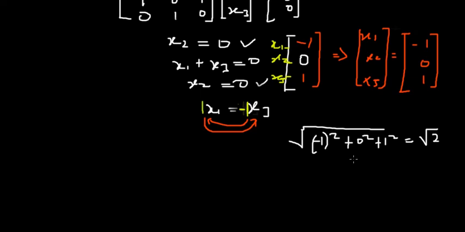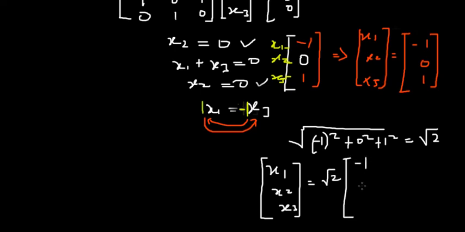So now your final vector will be x1, x2, x3, and then you have our main vector multiplied by 1 over the root of 2, so we have -1, 0, and 1. When you multiply this throughout you end up with the new eigenvector to be -√2, 0, and √2.